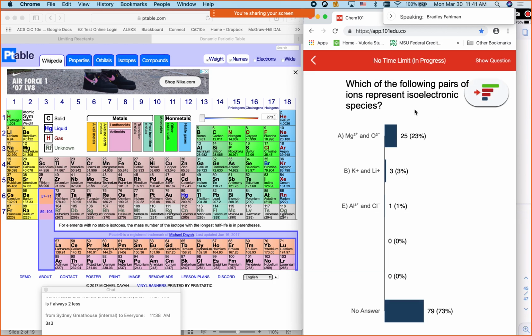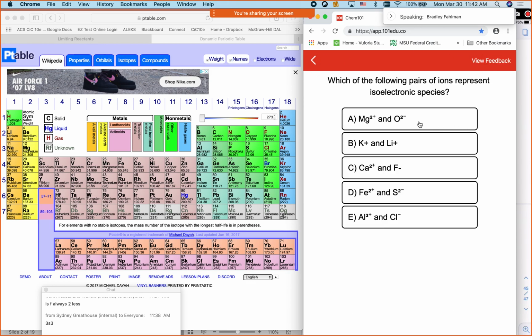Okay. Yeah, so the majority so far are picking A. And so that is correct. Looking at these different combinations, A is correct because magnesium 2 plus is the same as neon, right? You've got 12 electrons. If you take 2 away, that's neon's configuration. And O2 minus, you have 8.